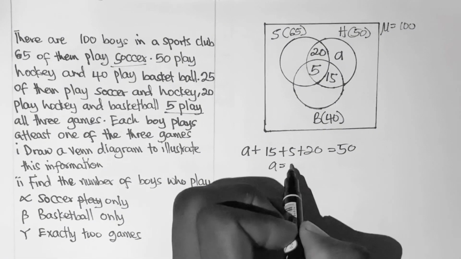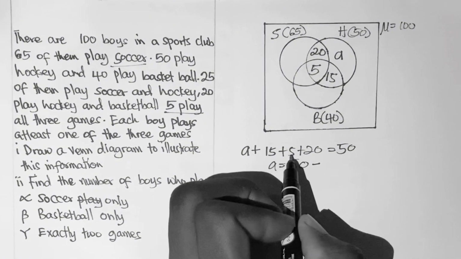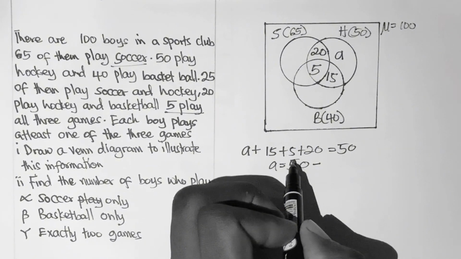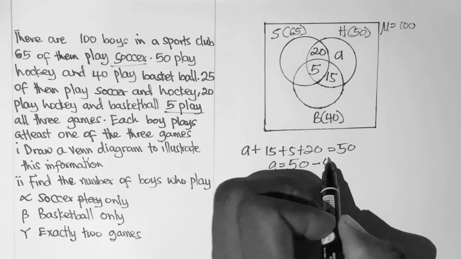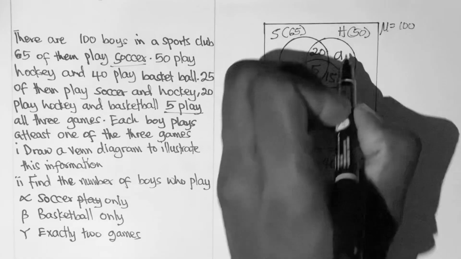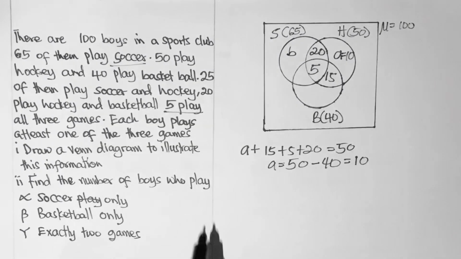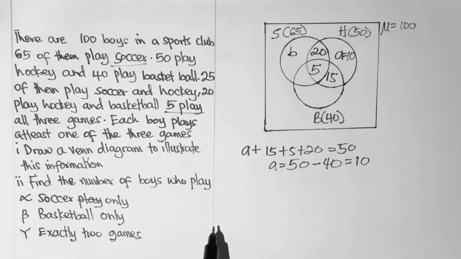So a is equal to 50 minus 15 plus 5 plus 20, that is 20 plus 20 is 40. So 50 minus 40, and that will give us 10. Therefore, here is 10. Let's represent this region by small b.